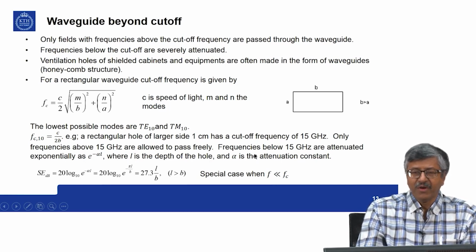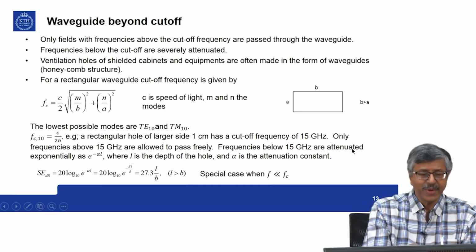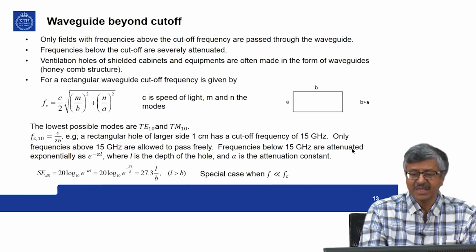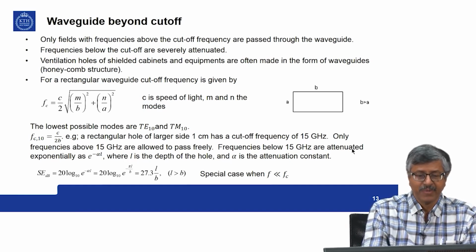So, frequencies below 15 gigahertz are attenuated exponentially as e to the power of minus alpha L, where alpha is the attenuation constant and L is the depth of the hole.